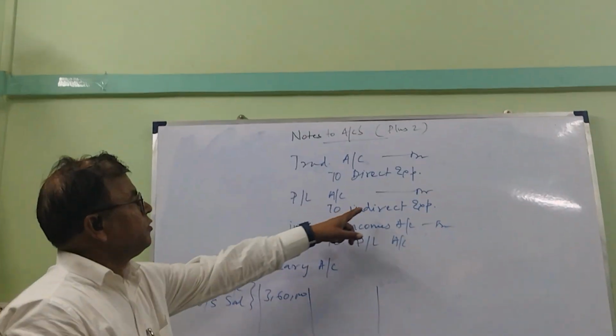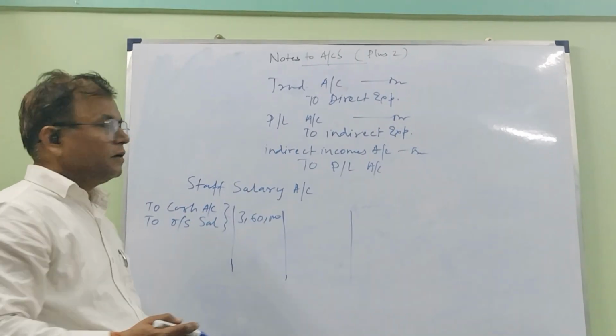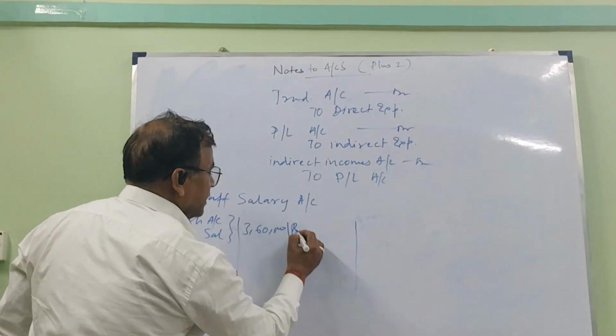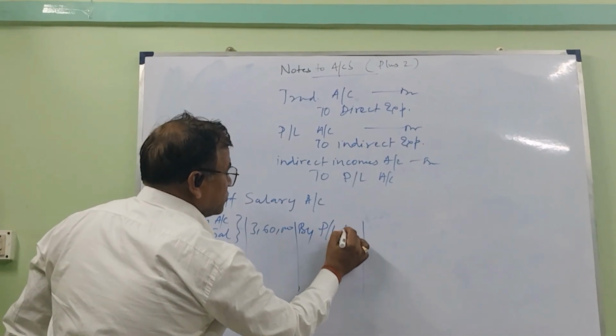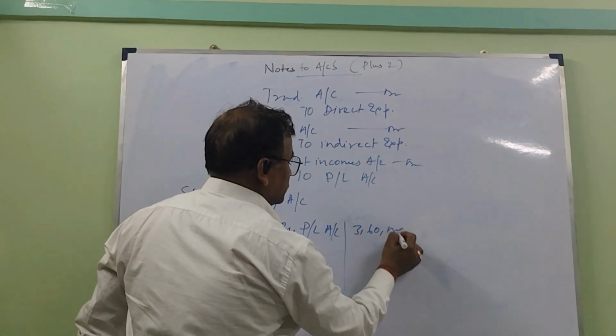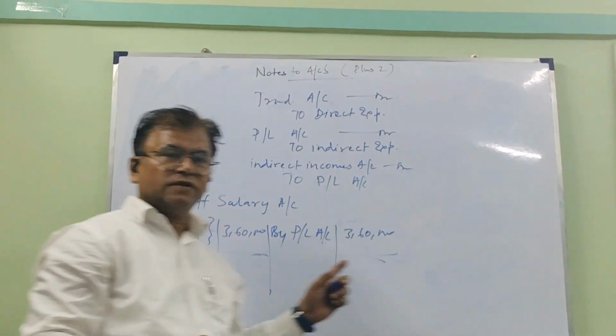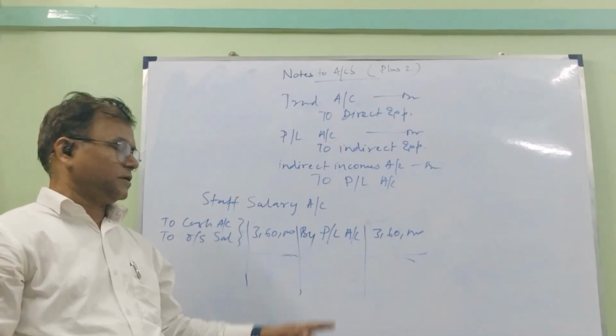So PL to indirect expenses, in which there is staff salary. By PL, if we write, so this is closed, 3,60,000. Now see, these are some recurring expenses which are to be closed through profits.